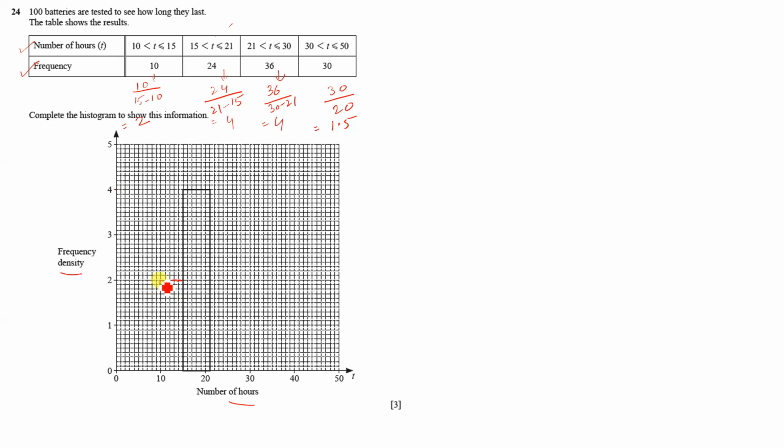This is the line where 10 lies. And for 21 to 30, the density is 4, so the height would be the same as the previous one.